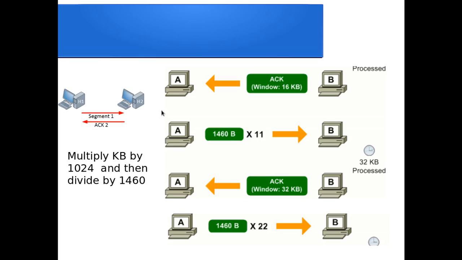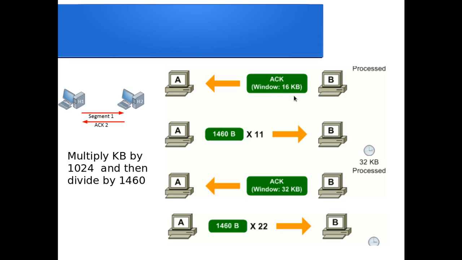And this is just a chart that I put before in order to explain how the window size works. It was basically what I have explained before. When host A sends a petition to host B, it is going to advertise a window size.